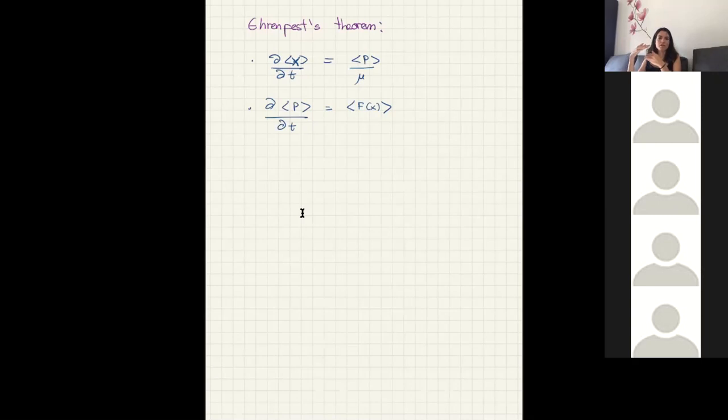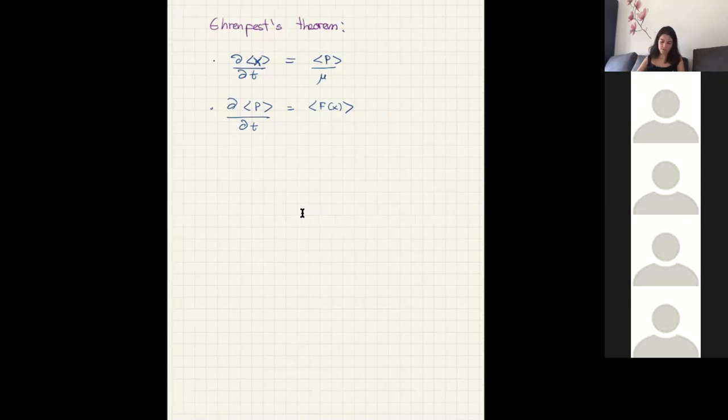Then later on, when we look at specific examples for specific potentials V of x, this is the one we work with directly. Okay, so that's the Schrödinger equation for the wave function.